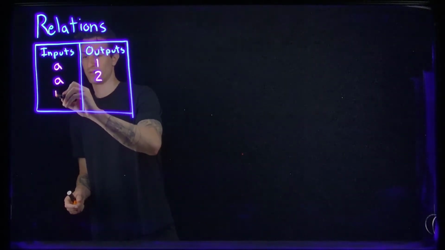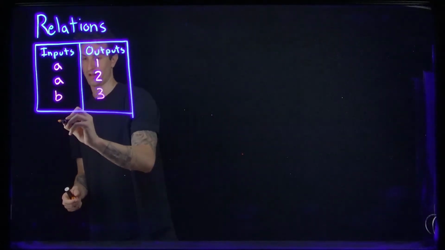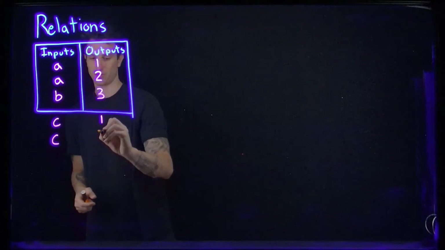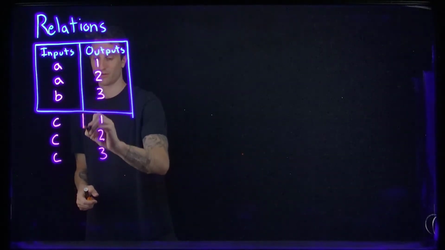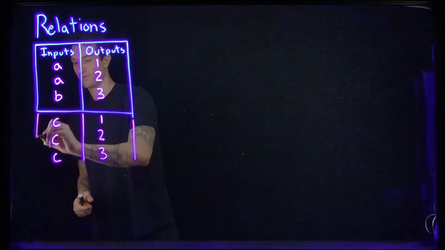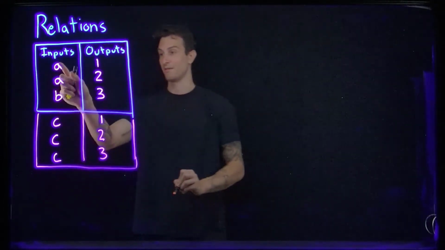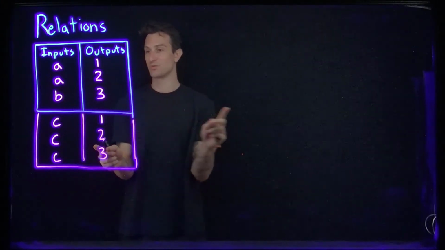Same thing. Let's do B only goes to 3 now. And I'll do some more down here. Let's say C goes to 1, C goes to 2, and let's say C goes to 3. C can go with all of them because it's a relation. All of your values that are in your domain, which is A, B, and C for us, can go with as many values as we want in our range.